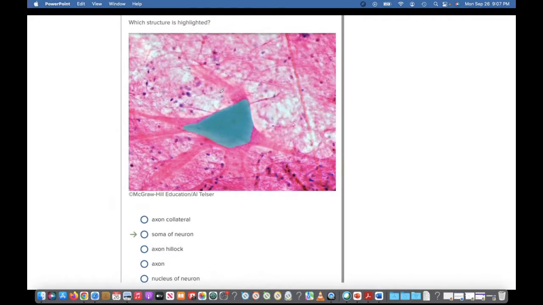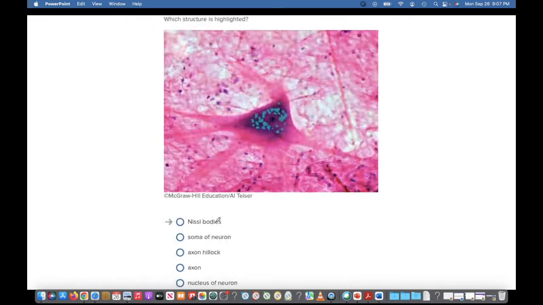All right, now here, this entire structure is a neuron, but the blue portion is the cell body or the soma of the neuron. If we look within the cell body, these little speckles are referred to as Nissl bodies. These Nissl bodies are going to be making those neurotransmitters and proteins.